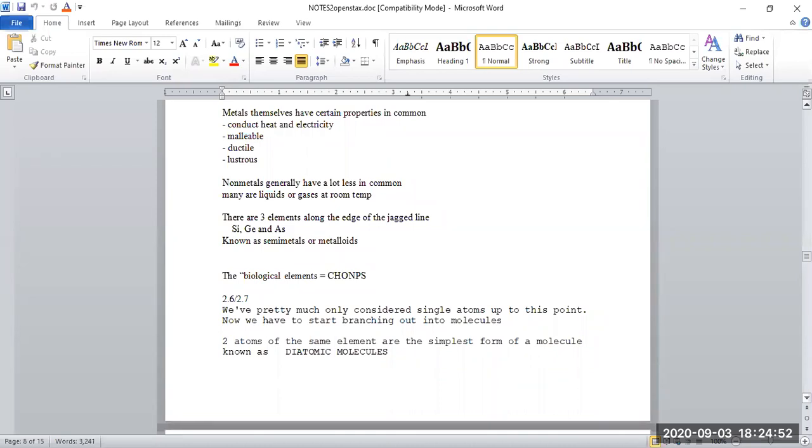Now, looking at that particular trio, maybe here in our modern day society, as we're all sitting here Zooming, it should make you think, ooh, computer stuff is made of those. So one of the deals is they have some of the characteristics of the metals.